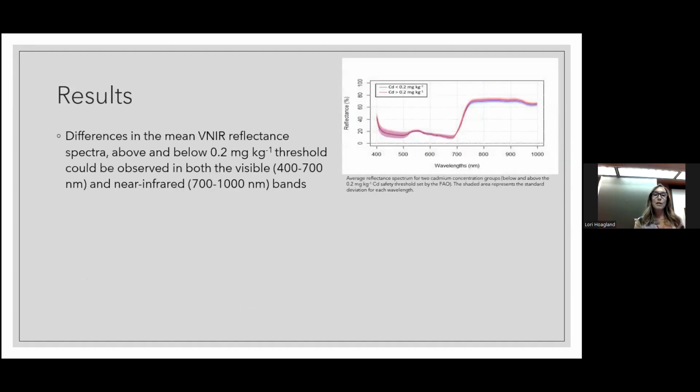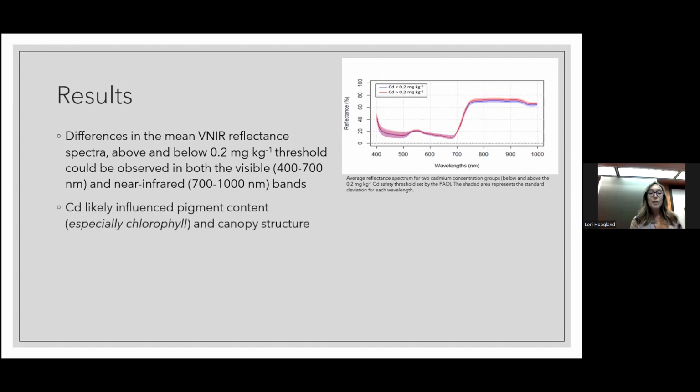So results, we saw clear differences in the visible near infrared reflectance spectra, both above and below this 0.2 milligrams per kilogram critical threshold. We could see some changes in visible bands within 400 to 700 and the near infrared bands, so areas that were critical for chlorophyll, as well as changes in canopy structure.